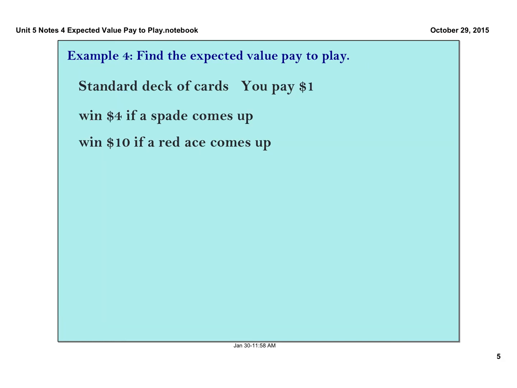Let's now look at some with some cards. Standard deck of cards, 52 total. You pay $1. That's good. It's a cheap game to play. You win $4 if a spade comes up, so that's 13 wins. You win $10 if a red ace comes up, that's 2 wins. And since you're paying to play, you don't care about the losses.